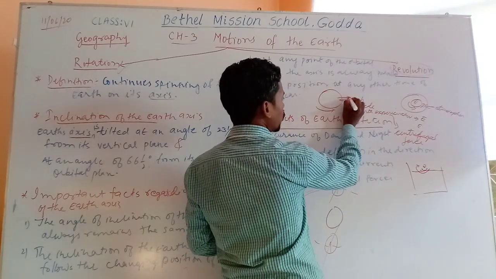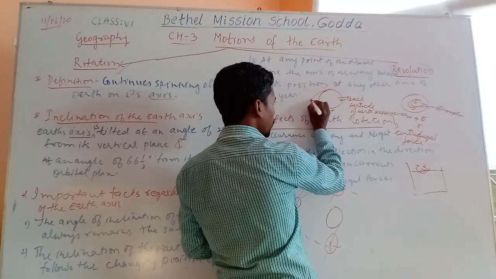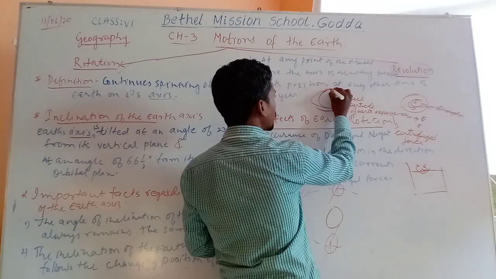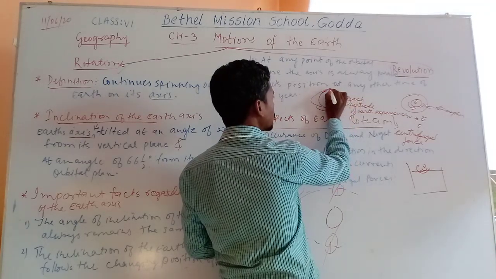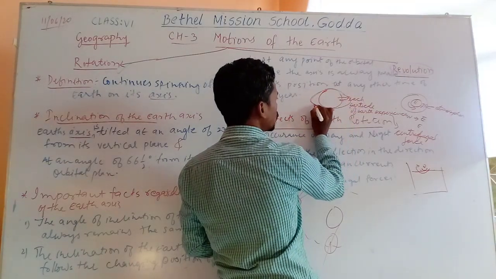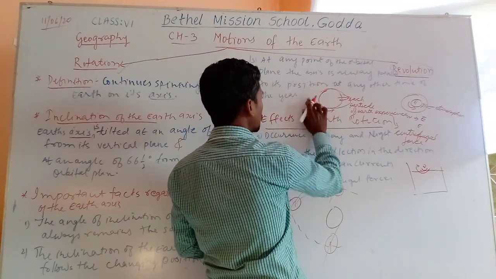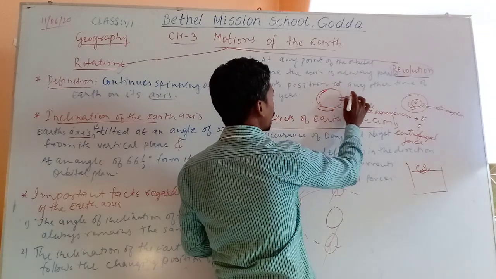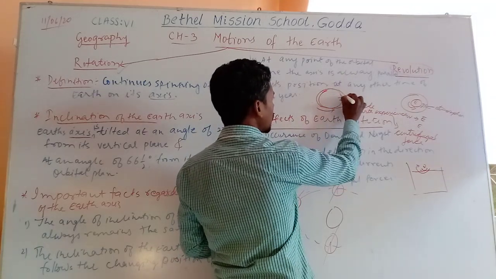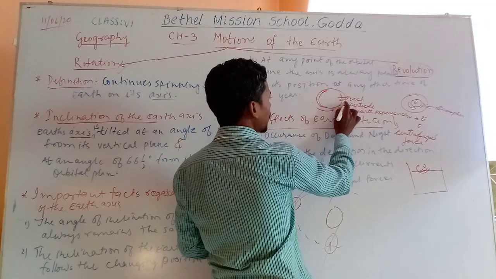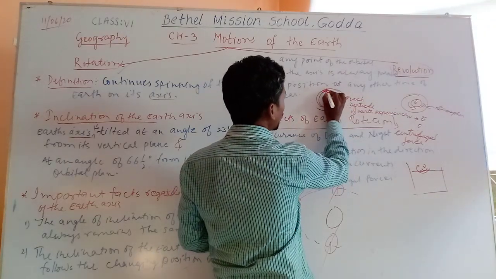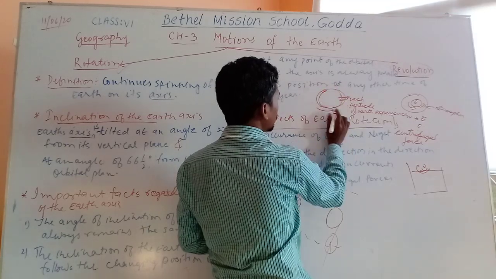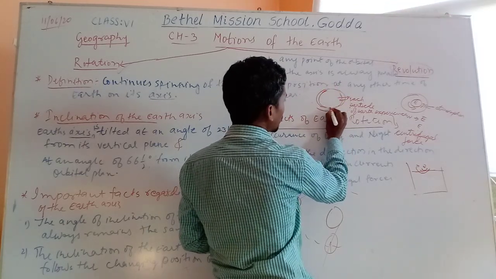The particles tend to move out, and in the earth what happens? We have this type of shape. Sorry, my figure is not so accurate, but you understand that there is a bulging type of shape developed on the earth. So the earth is a bit broader at the equator, whereas it is a bit flattened at the poles.